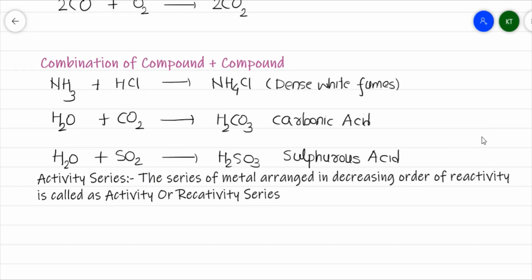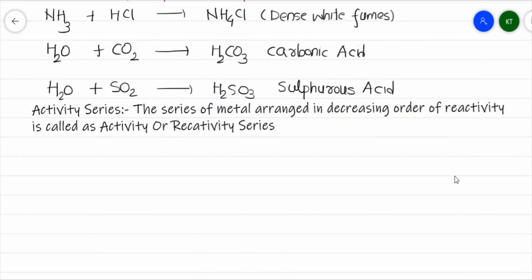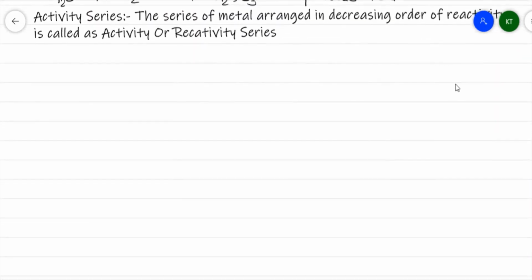Now before proceeding further to the different types of combination reactions, we need to know one particular thing called the activity series. This is a very important thing. What do we mean by this term? It's also called the reactivity series.